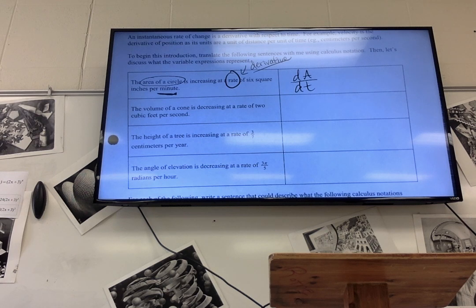So this circle is getting bigger at a rate of 6 square inches per minute. So that would be equal to, because it's increasing, 6 square inches, so inches squared per minute.